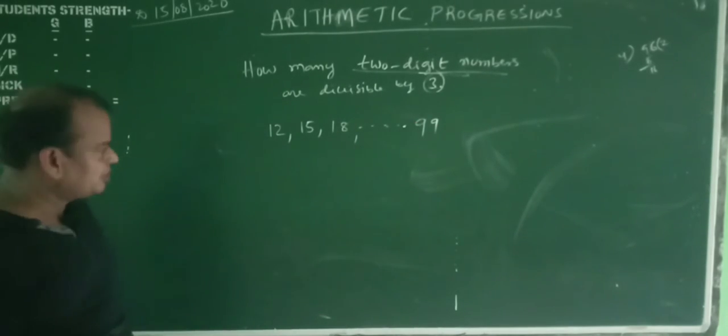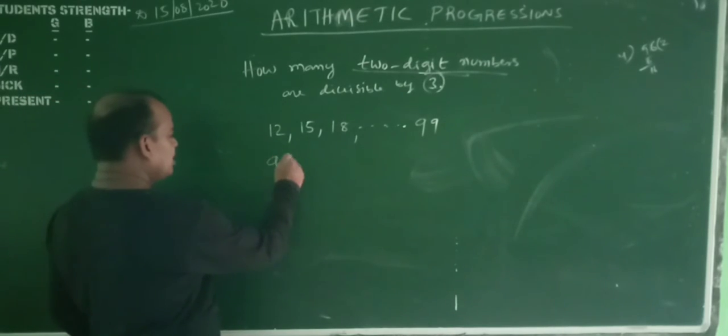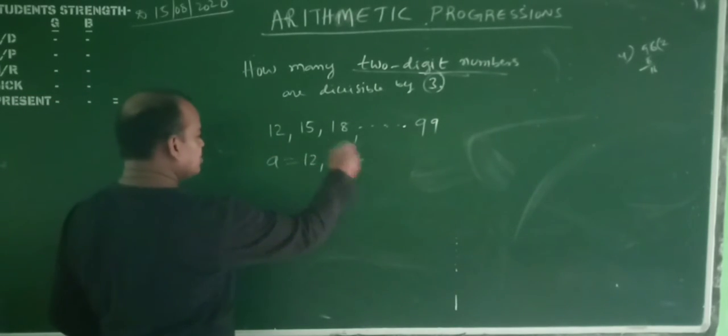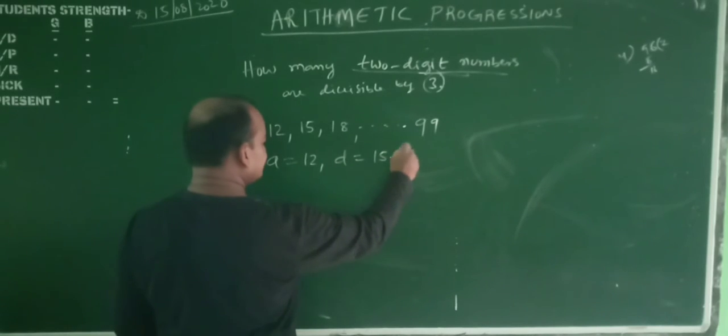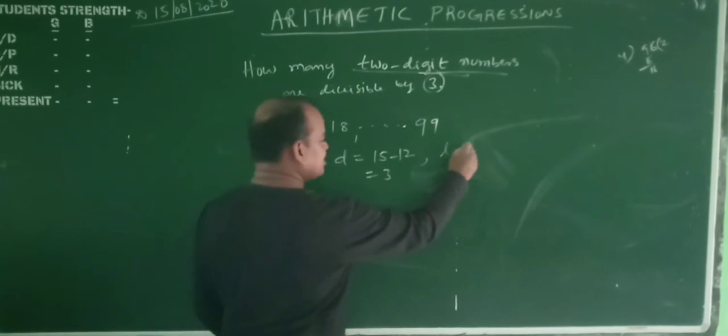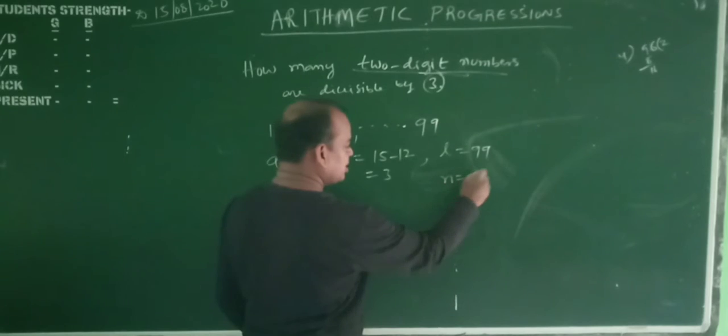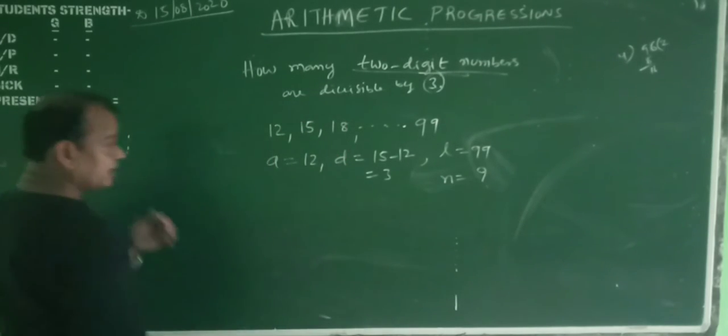Okay, here observe that. Here the A value is equal to 12, the D value is 15 minus 12, that is equal to 3, last term L is equal to 99. Now the question mark is N. What is the formula?